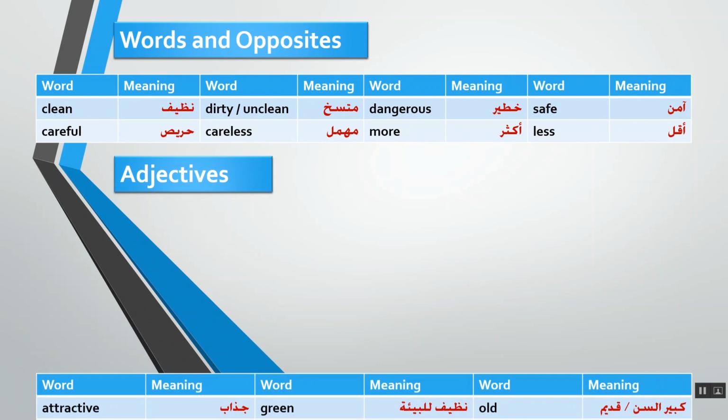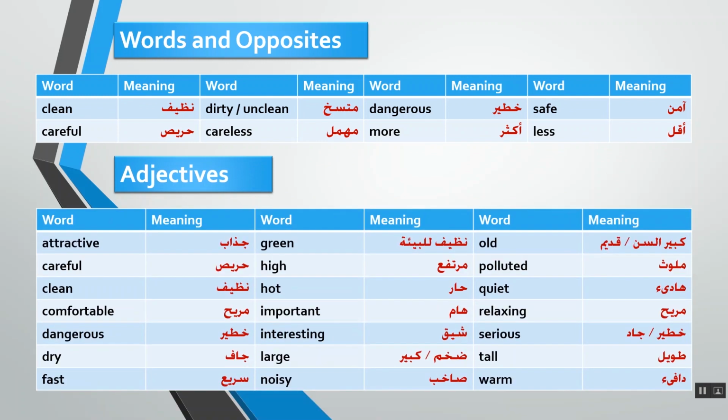Some adjectives like attractive, careful, clean, comfortable, dangerous, dry, fast, green, high, hot, important, interesting, large, noisy, old, polluted, quiet, relaxing, serious, tall, warm.